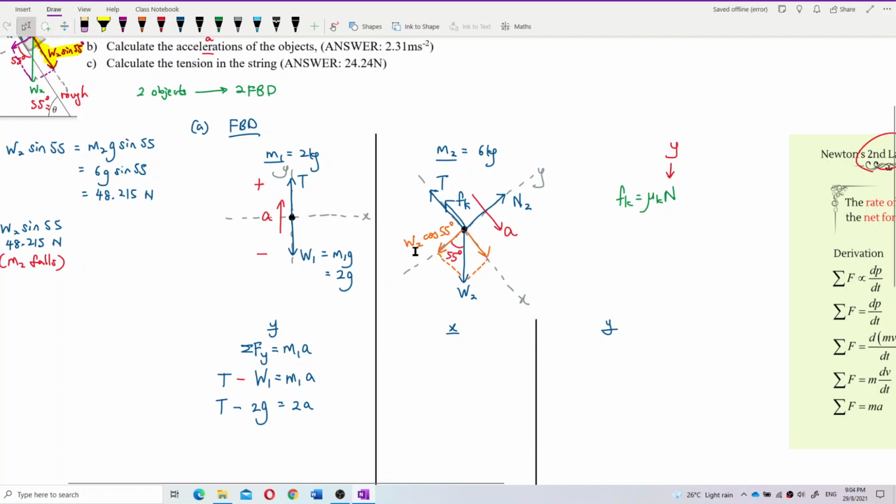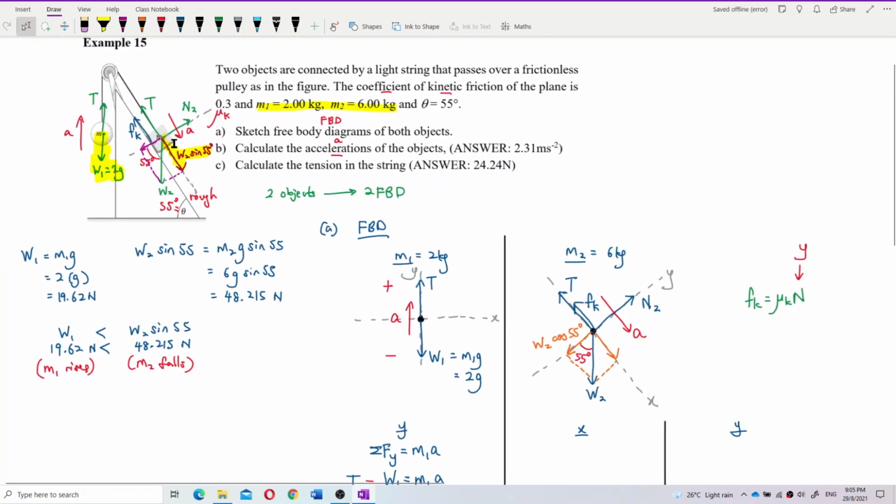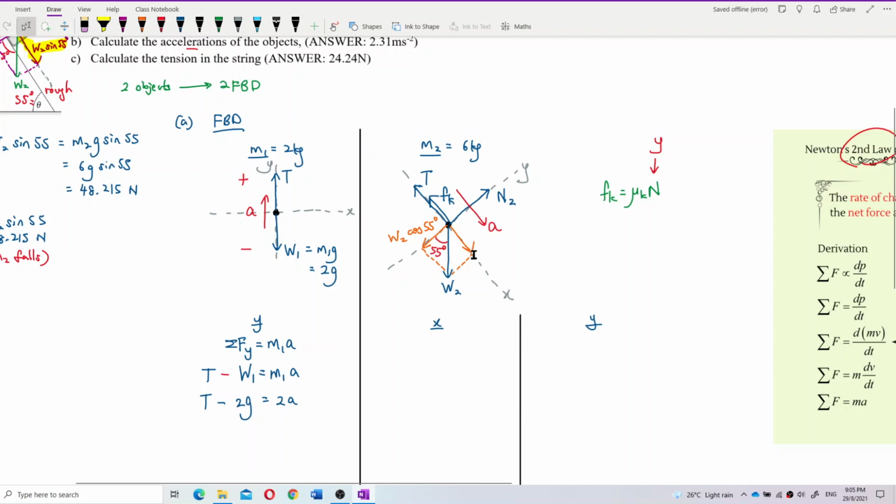This is the y component, which uses cosine 55. How about the x component? Just now we got sine 55. The x component is opposite to the angle, so it's W2 sine 55. We got it. Now all the forces are in the x and y axes.